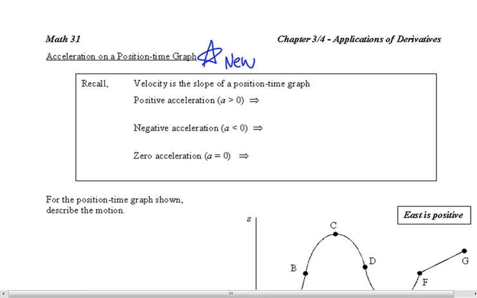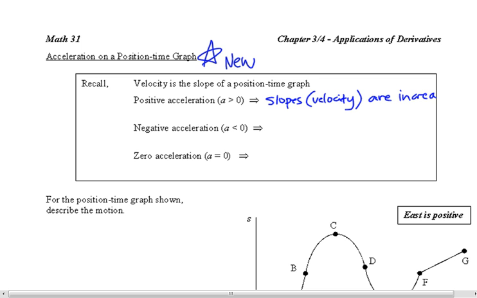Okay, positive acceleration is when our slopes, our velocities, are increasing.